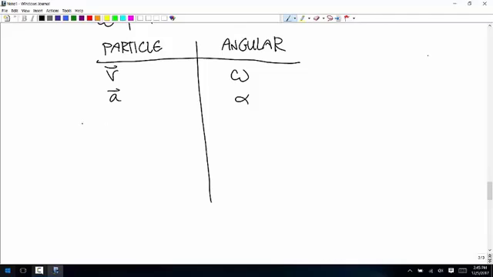And we've seen that the acceleration, the definition, is defined as this. And we have that exact same relationship for the angular acceleration.